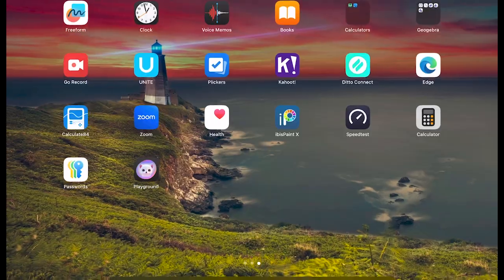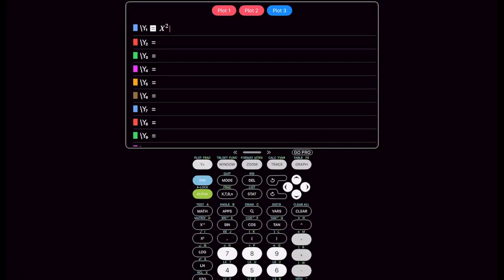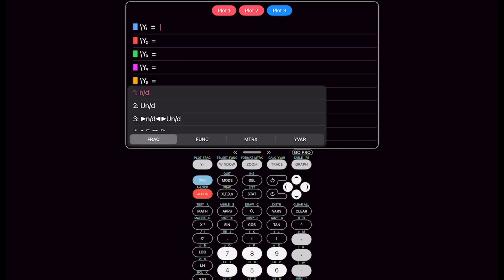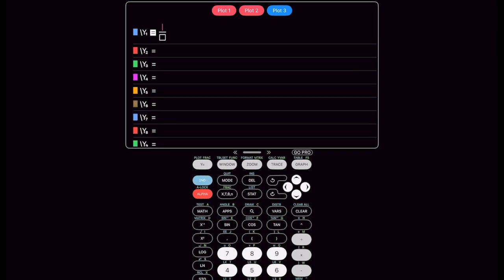So again, you would go to your calculator. We'd want to go back to y equals and clear out what's in there. And we're going to type in the following function. So I want my fraction bar, so I'm going to hit alpha y equals, and then the first one that pops up there is the fraction. And I'm going to type in x cubed minus 2x squared.